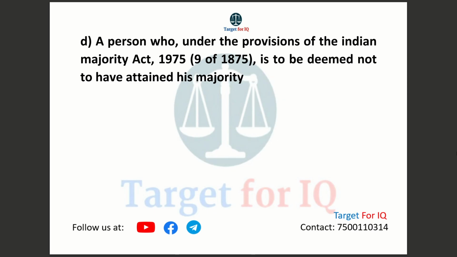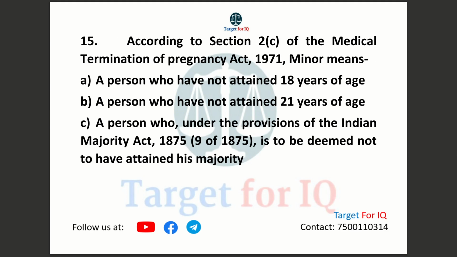Option D, a person who under the provision of Indian Majority Act 1975 is to be deemed not to have attained his majority. The correct answer to question number 15 is option C, that is a person who under the provision of Indian Majority Act is to be deemed not to have attained his majority.